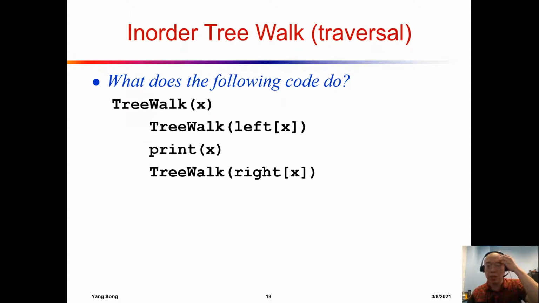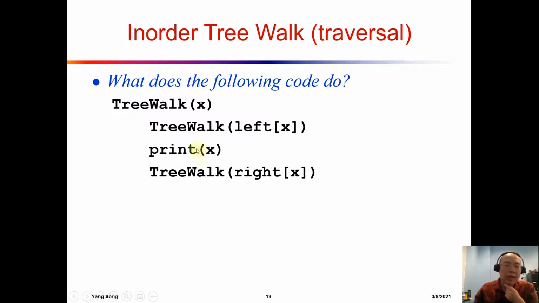Before talking about that, we have to understand an important concept, which is tree walk or tree traversal. This is the approach that we can use to visit all the nodes of the tree one by one. So how do we do that?